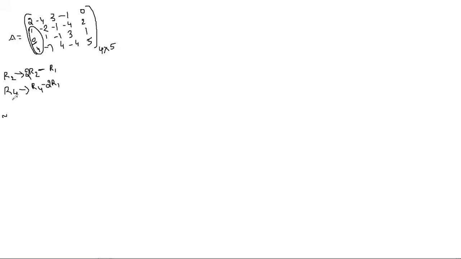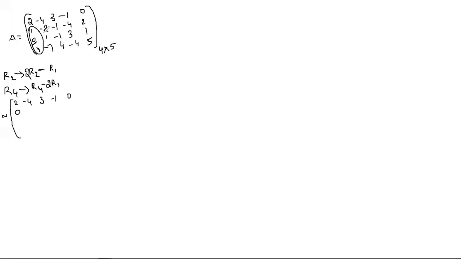So which is equivalent to, what we'll get here: the first row has no change, 2, minus 4, 3, minus 1, 0. This is the first row. And the second row we are applying here. So 2R2 minus R1 is 2 into 1, 2, and next minus R1, so simply we get 0.